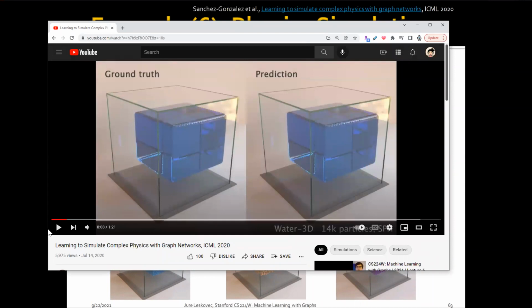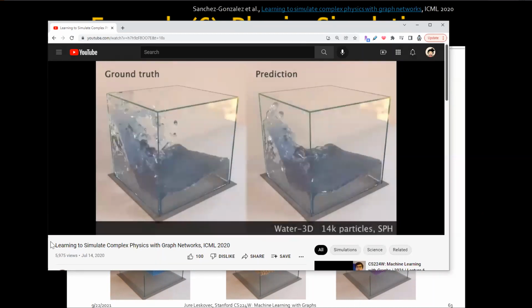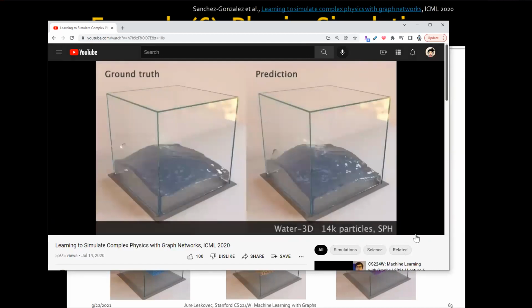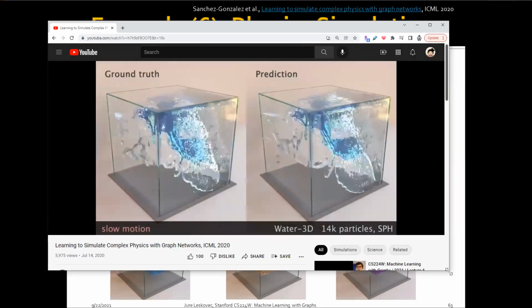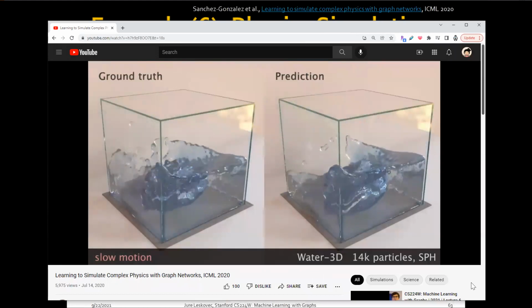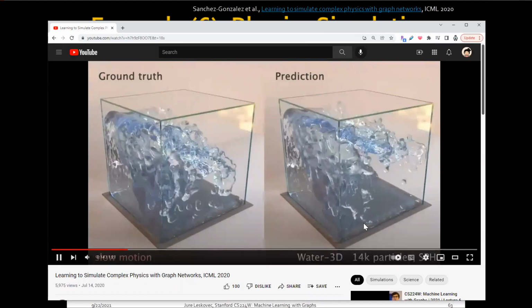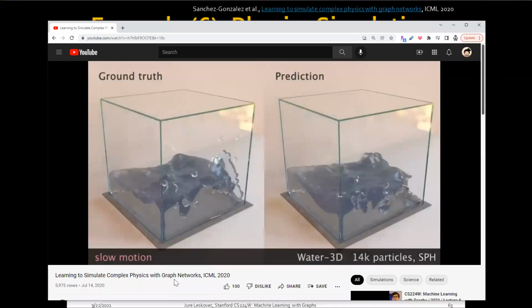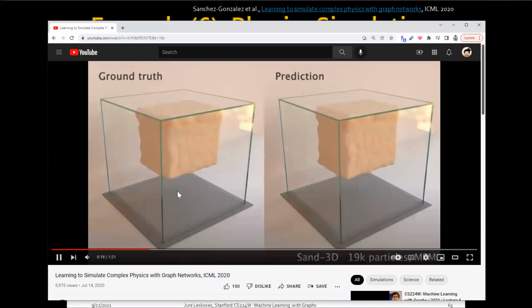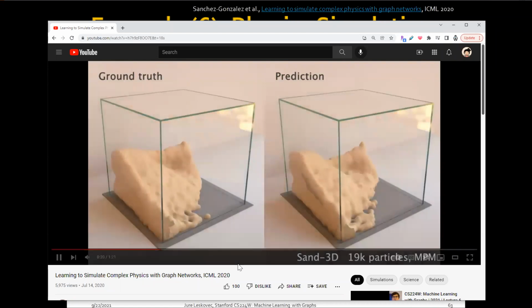So yeah, this is a ground truth and this is a prediction. So you see how they are, it's pretty cool to see, to predict all these motions of these tiny small particles. And it just looks like the real physical system.